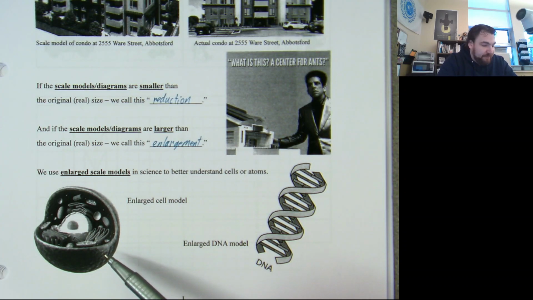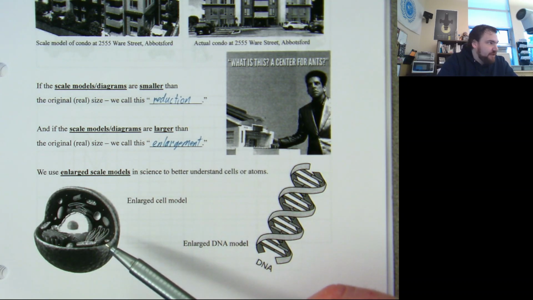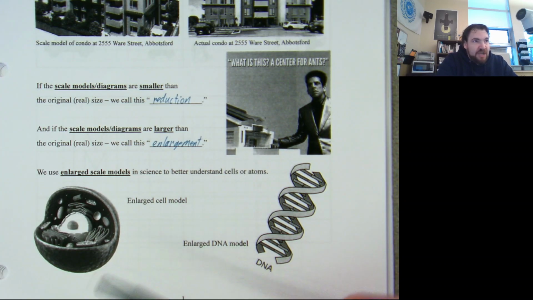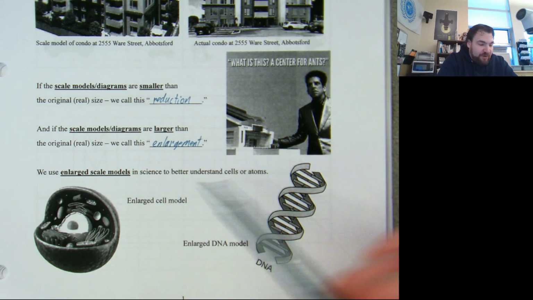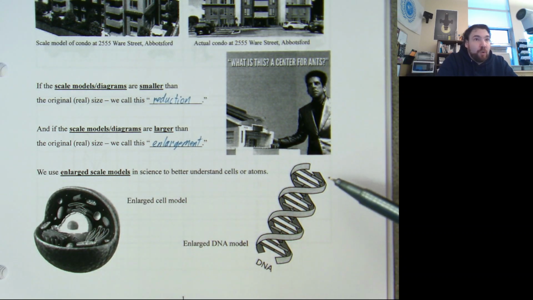You'd be all bumpy and bulbousy. This is the shape of a cell that makes up you. We have plant cells, we have animal cells, you have animal cells, obviously you're not a plant. And then DNA. We've got tons of this stuff coiled up inside every single one of these cells, so to draw it out like this, or sometimes you'll make models of it in science class, depending on who your science teacher is. Obviously, that's an enlargement.